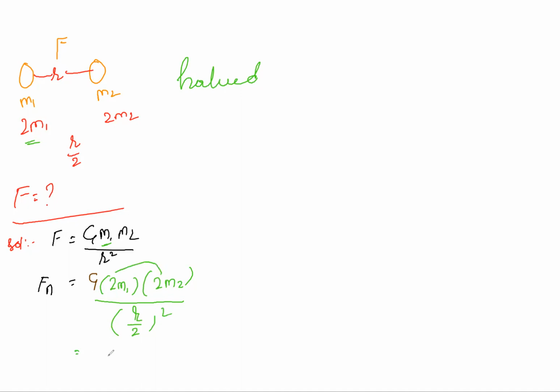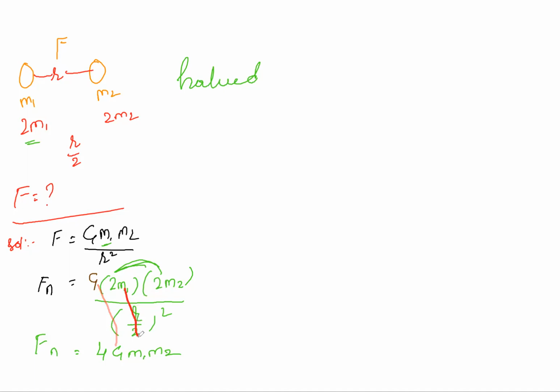This 2 into 2 is 4. Fn equals 4 G M1 M2 by R square by 2 square, that is 4. This 2 into this 2 gives this 4, and this G, M1 and M2 will be here.